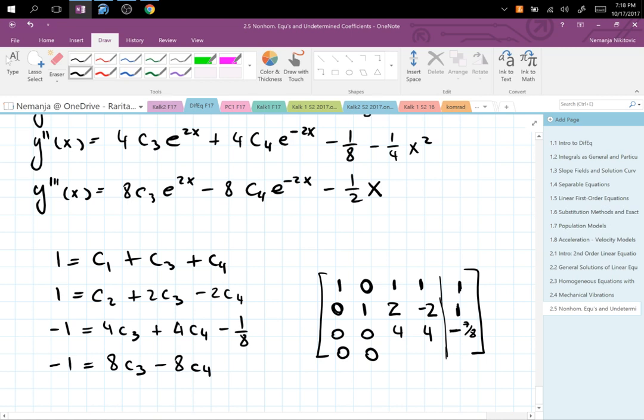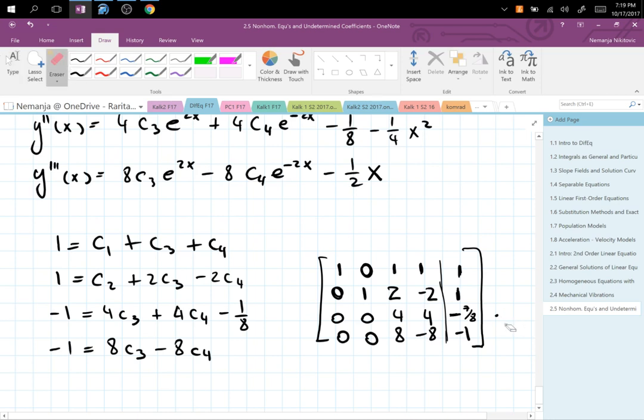And then finally we have a 0, 0, 8, negative 8, negative 1. Yeah, do this by hand. You could do it by hand, they've already started it for you. Times 8 to kill the fraction, and then times 4.